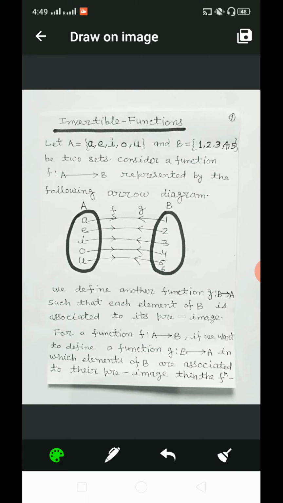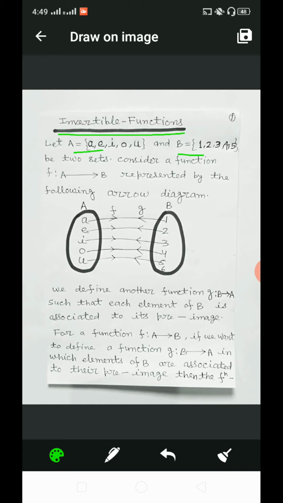In this video, I will discuss invertible functions. Let A, having elements a, e, i, o, u, and B, having elements 1, 2, 3, 4 and 5, be two sets.